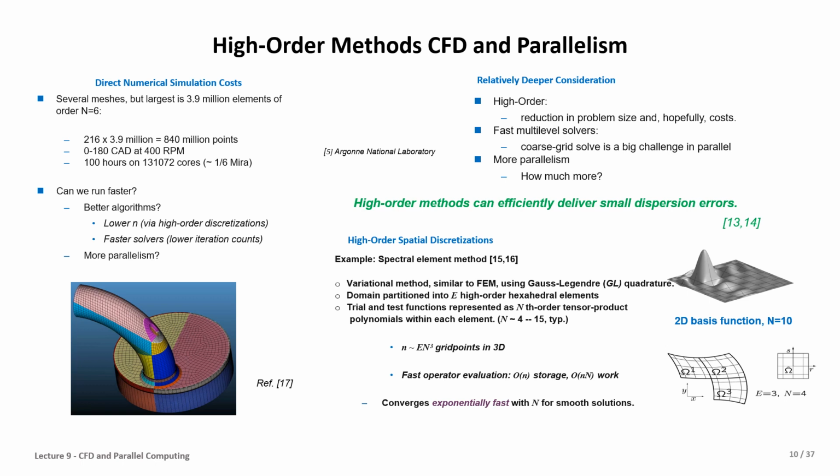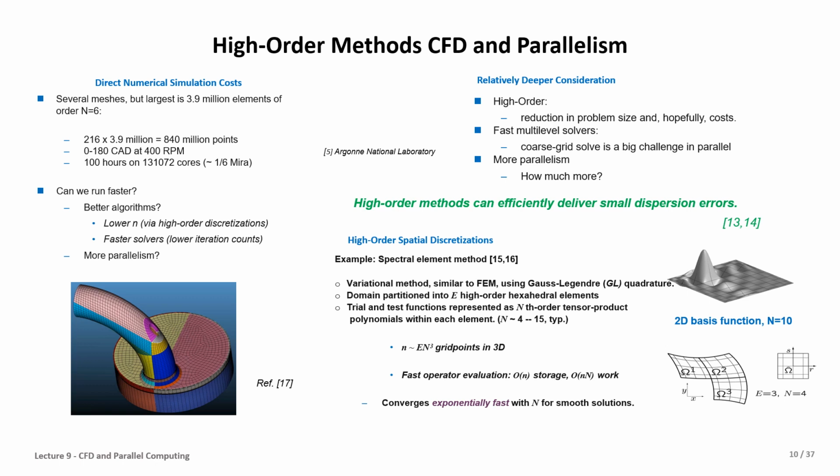It could make a reduction in problem size, and hopefully we can reduce the cost. About the solver, with a coarse grid solver, it's a big challenge for parallel computing. And what about the parallelism? How much more parallelism could help the solution?